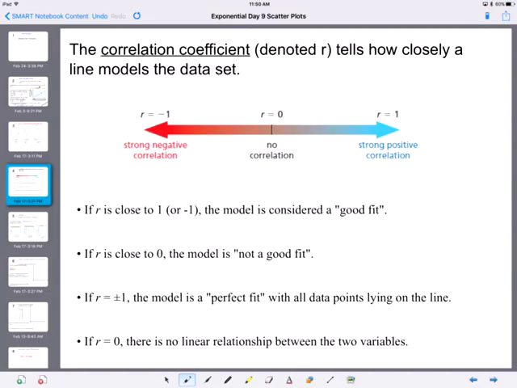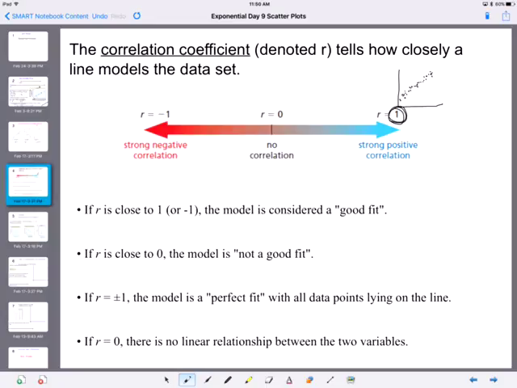We then talk about a correlation coefficient, and our correlation coefficient we denote with the letter R. This tells how closely a line models the data set. So if our dots are really, really close together and increasing, we say it has a strong positive correlation because it's close to one whole.